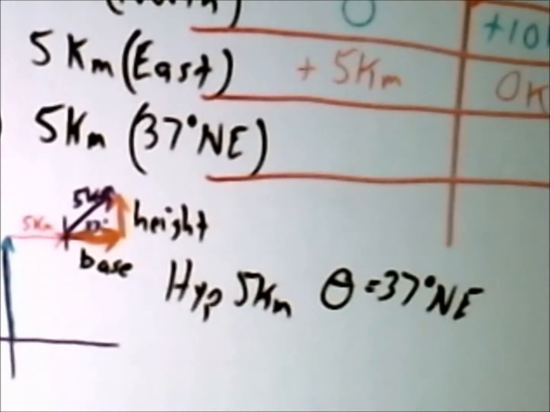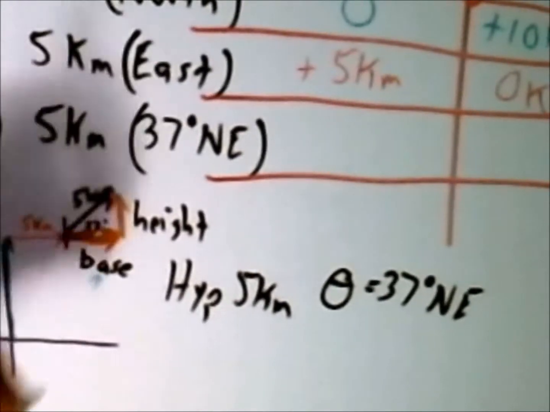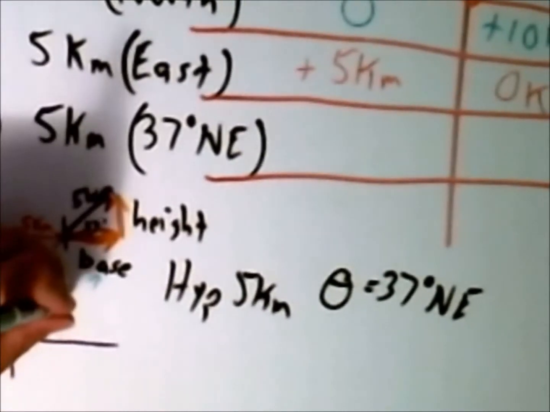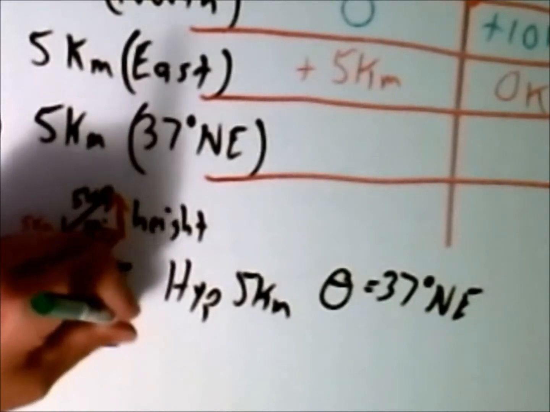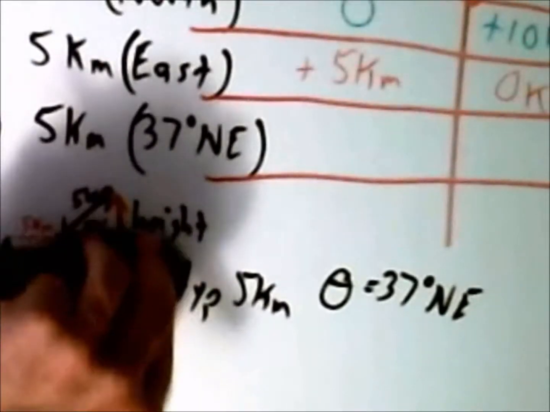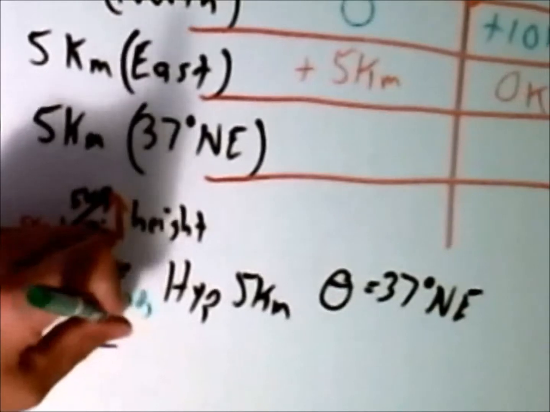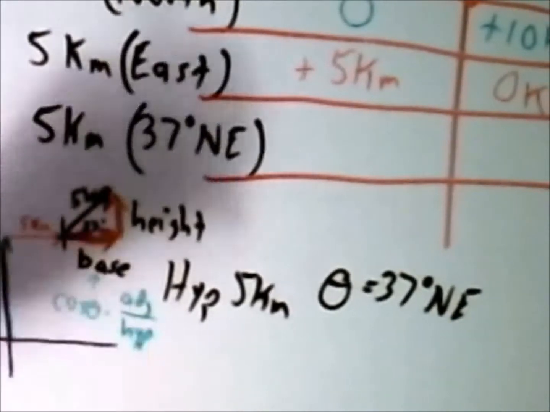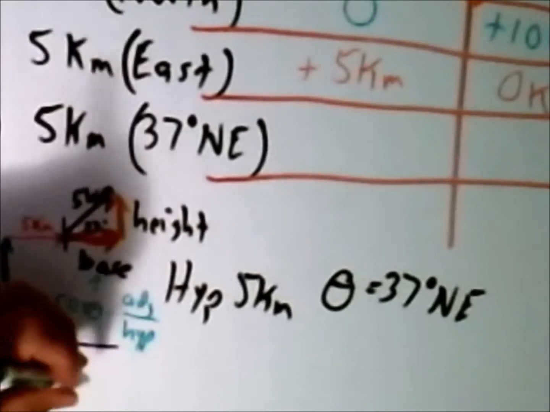Well, we've done that today already. This piece here, you can say, let me use the cosine function. The cosine function is the adjacent side over the hypotenuse. So you could plug that in and solve it for the adjacent side.